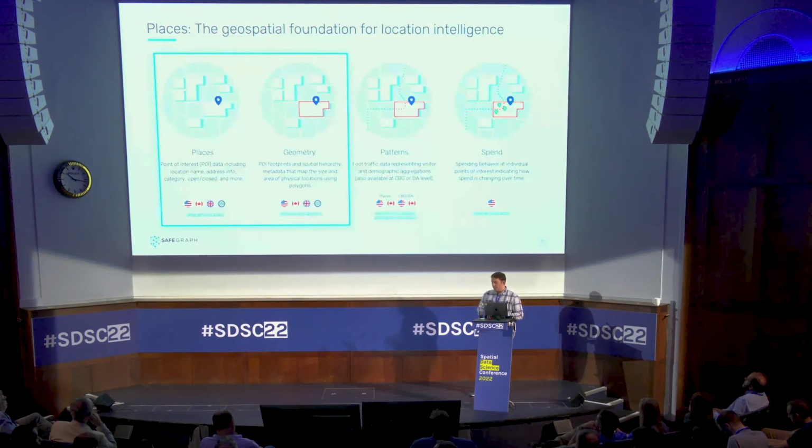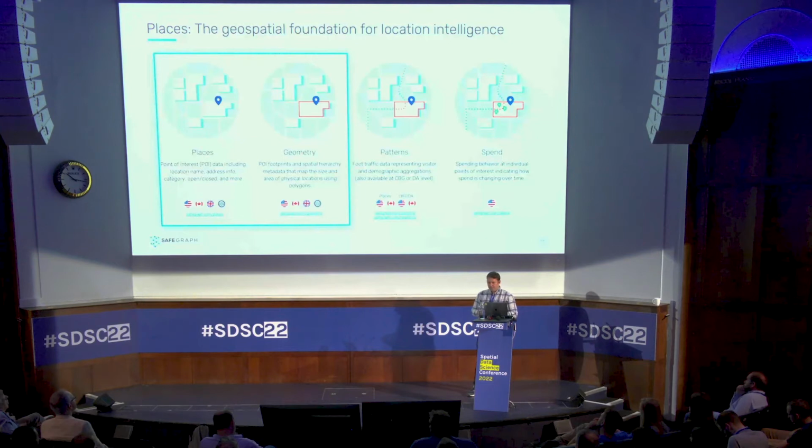And from more of the spatial side, we like to think of what we consider to be our polygons for these places being geometries. We know that making decisions isn't just about the points and the locations, but sometimes it's about their physical representation in the world. So not just square footage, as Emily was alluding to from the stores, but sometimes you need to understand how this is enclosed inside of a mall.